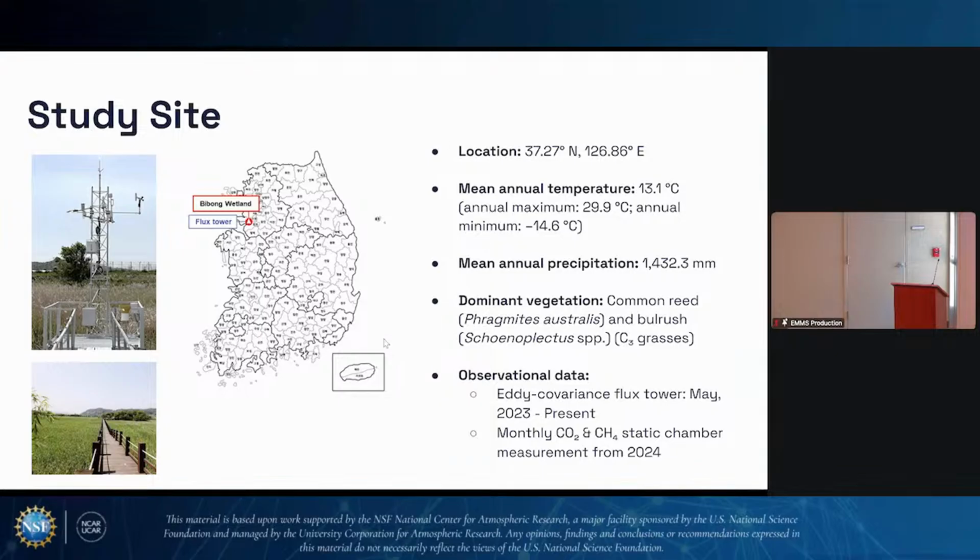The dominant vegetation consists of common reed and bulrush, so they can be classified as PFT C3 grass. We established a new flux tower 2 years ago and have been collecting data along with monthly chamber measurements of CO2 and methane since last year.